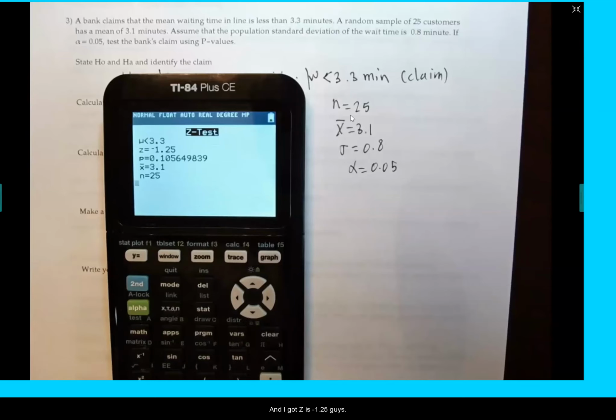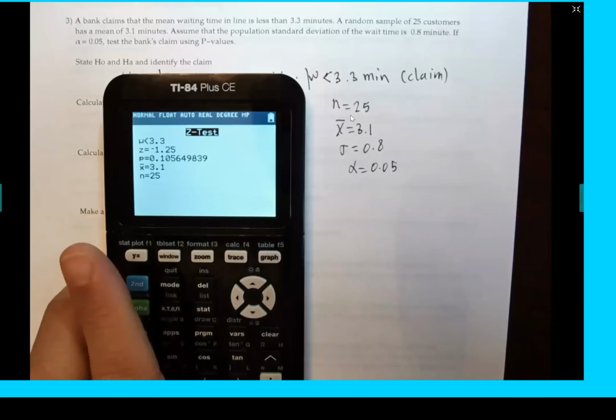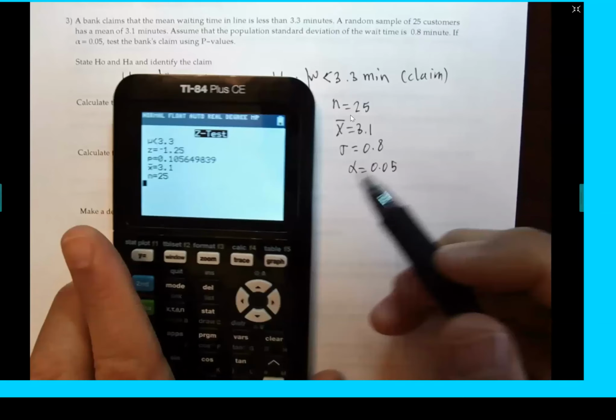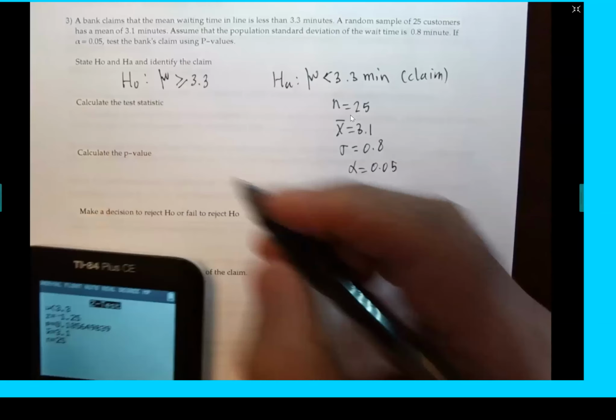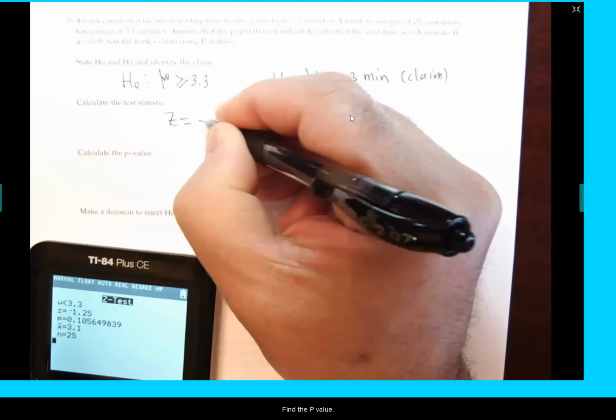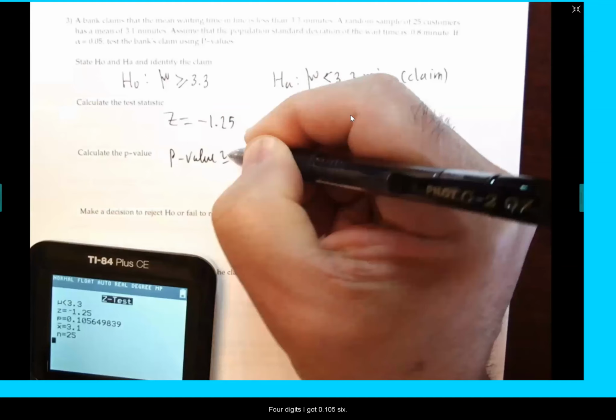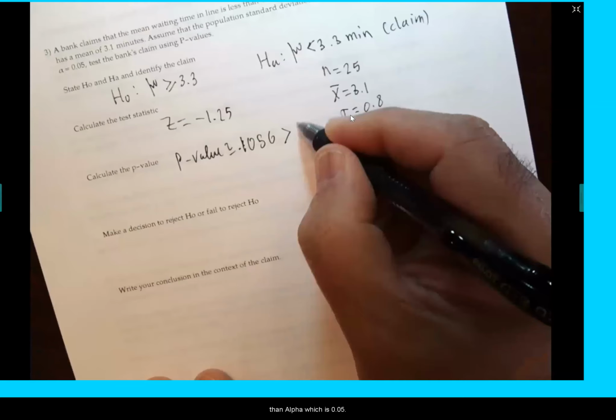And I got Z is negative 1.25, guys. You can see it right here. And the p-value, 4 digits, I got 0.1056. And would you agree with me that this is bigger than alpha, which is 0.05?